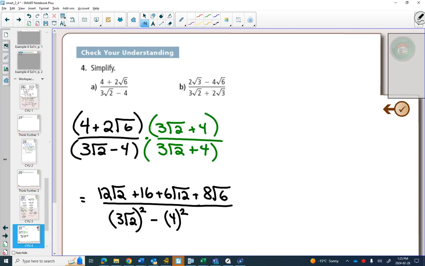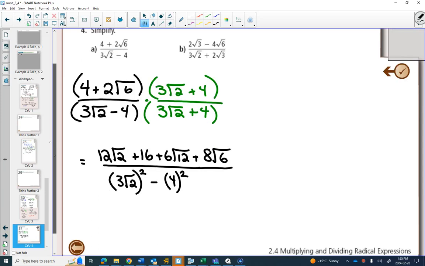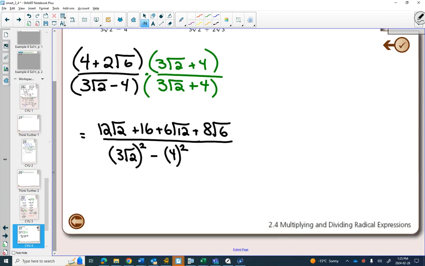No, I can square things on the bottom. And the whole reason we multiplied by the conjugate was for this reason. 3 squared is 9. Root 2 times root 2 would be root 4, which is just 2. This will become 9 times 2, 18. Minus, and 4 times 4 is 16.